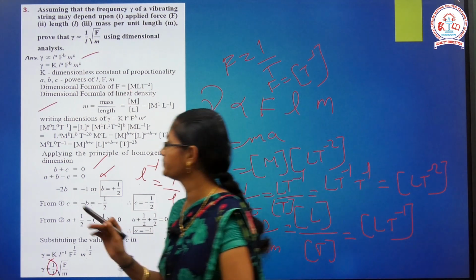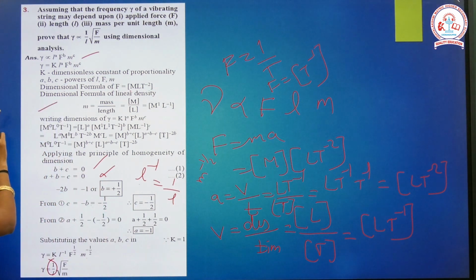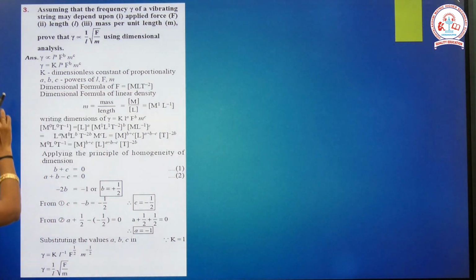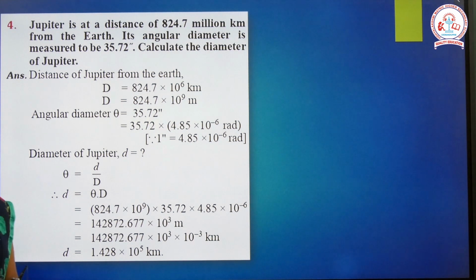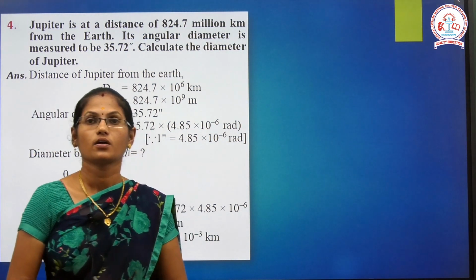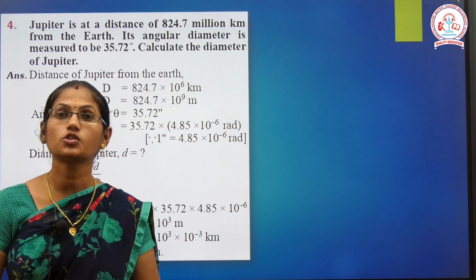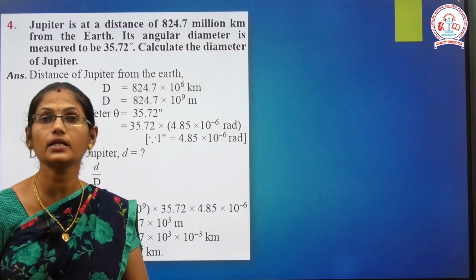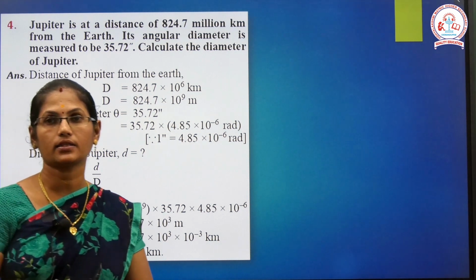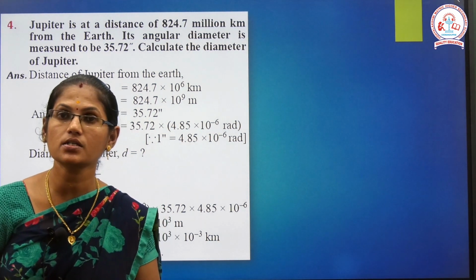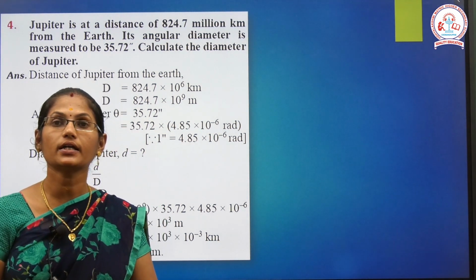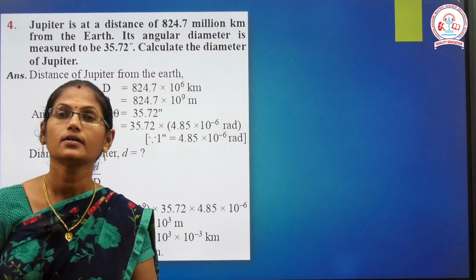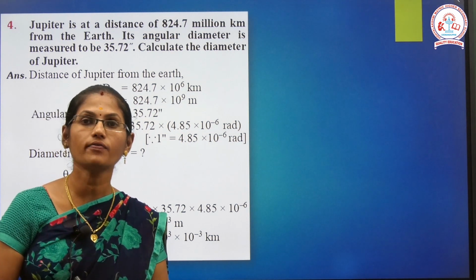And next, the fourth problem. So what is the question? Jupiter is at a distance of 824.7 million kilometer from the Earth. Its angular diameter is measured to be 35.72 seconds. Calculate the diameter of Jupiter.